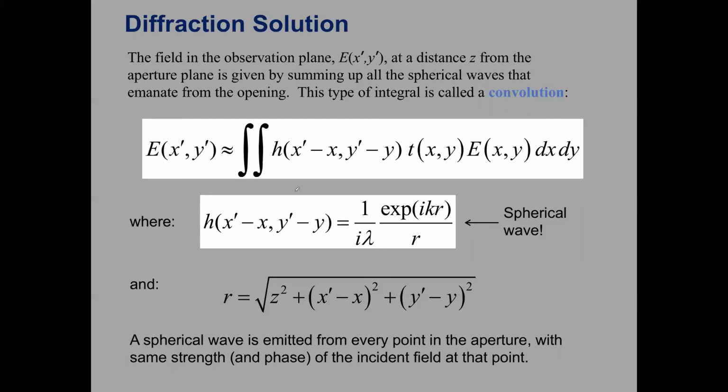But basically what we have to do is take all of our spherical waves. That's this function h(Δx, Δy), or x′ − x, y′ − y, where the convention here is from our last diagram. Spherical waves from earlier in the semester look like this. They're exponent e^(ikr), and the amplitude drops as 1/r due to conservation of energy.